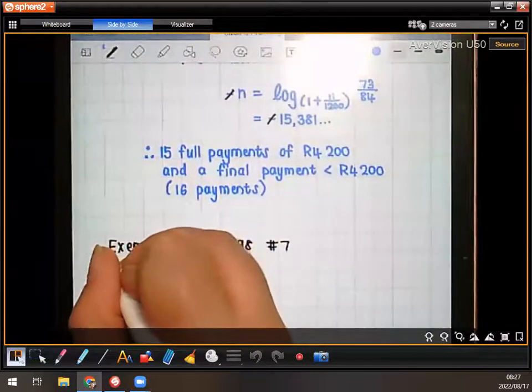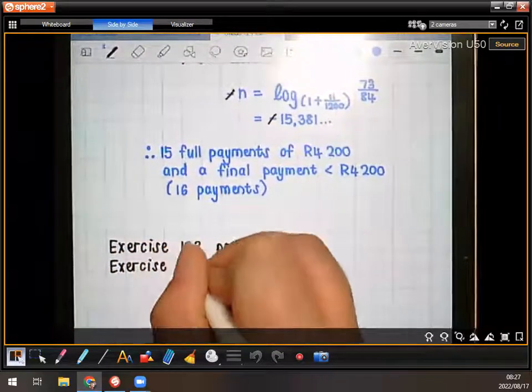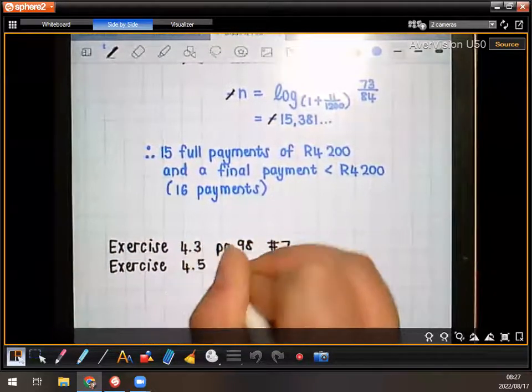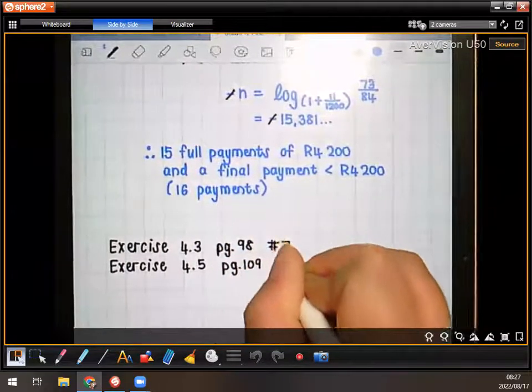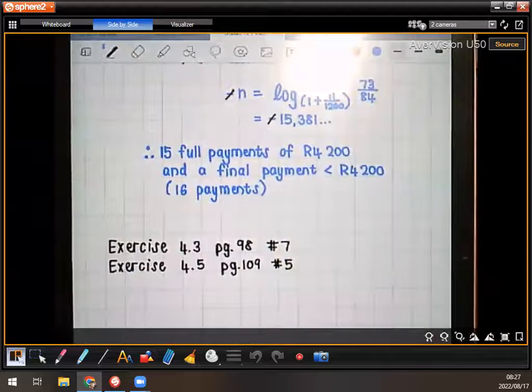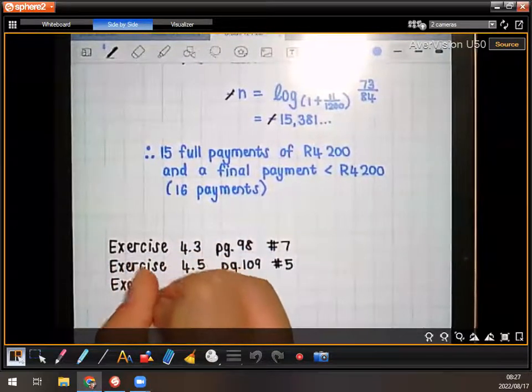Okay, exercise 4.5. Guys, sorry, that is from different exercises.